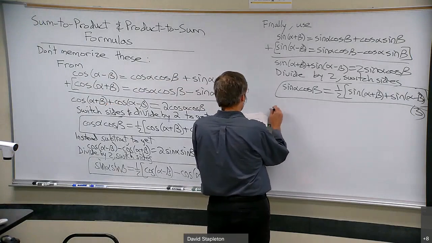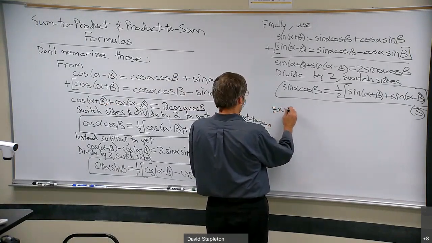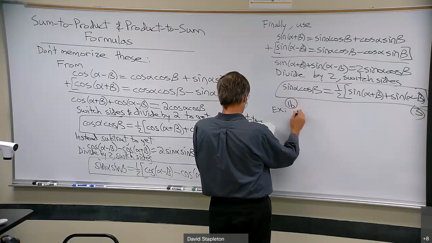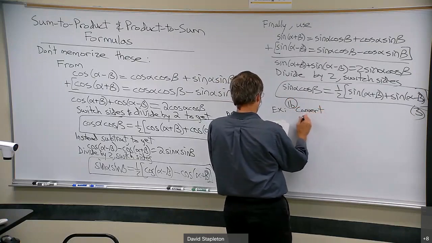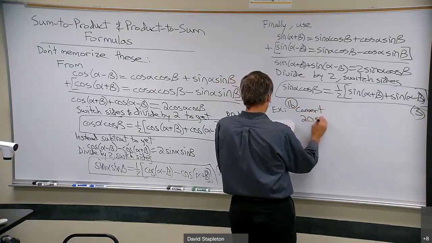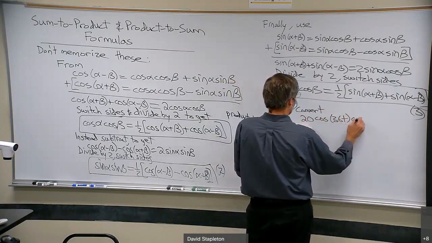Let's try this one. Example, this is 1B out of the homework that's coming up. Convert this product to a sum. 20 cosine 36t cosine 6t.